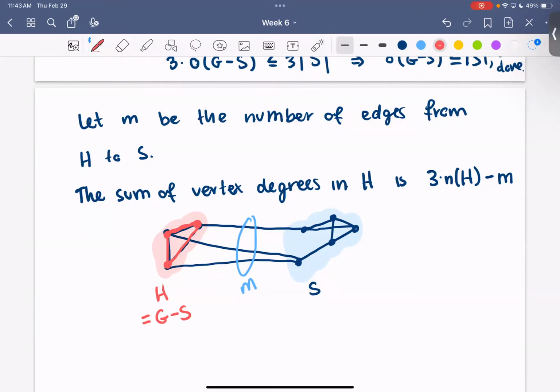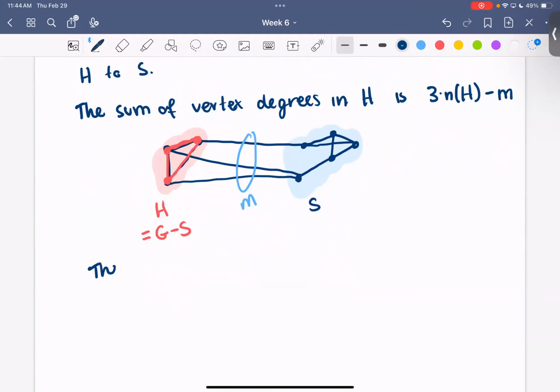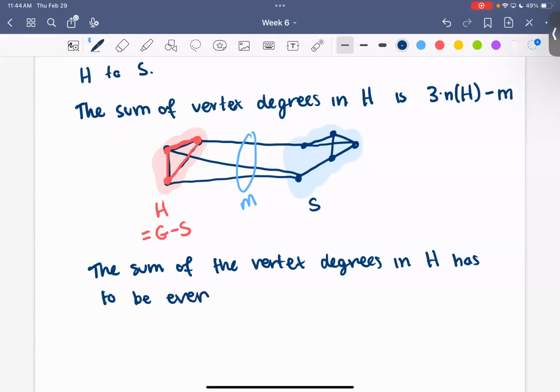Okay, so since H is a graph, the sum of its vertex degrees has to be even. This goes back to the handshake lemma. So the sum of the vertex degrees in H has to be even.